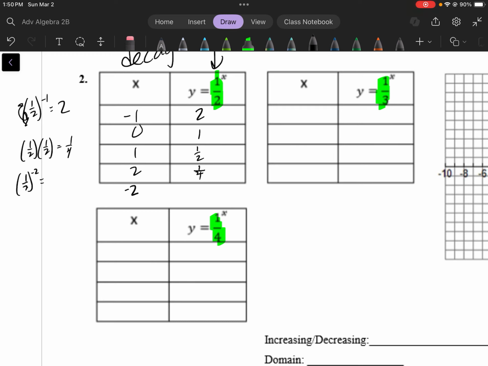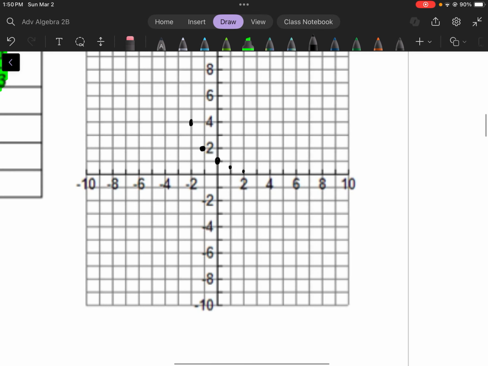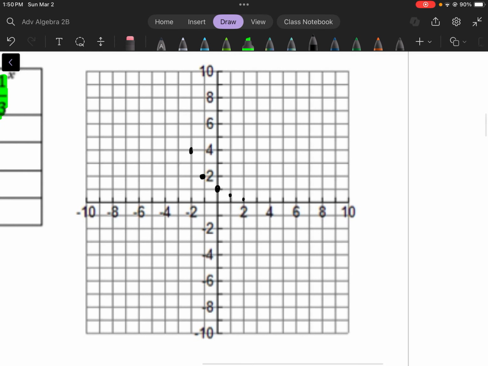That negative again flips the fraction, so now it's 2 over 1, but now being squared, so that would be 4. So -2, 4, and then we could keep going, and it would be -3, 9. And so our graph is decreasing really fast, hits my y-intercept, and then is going to flatten out and once again not ever get a y value that is negative.